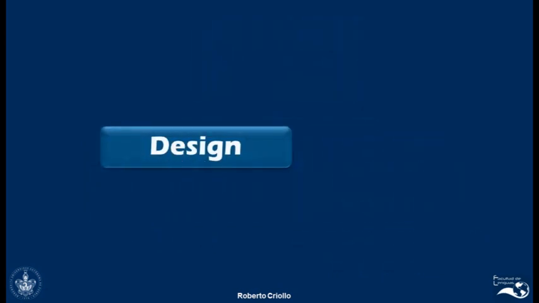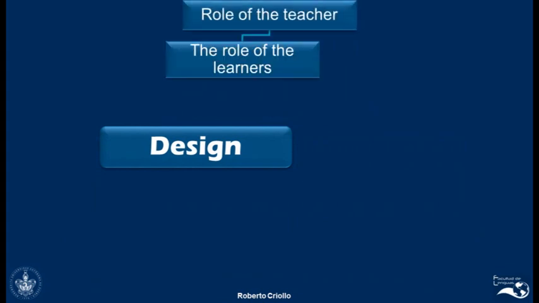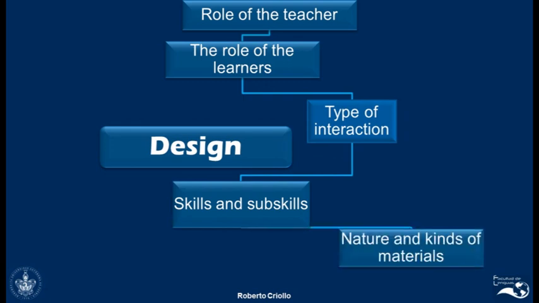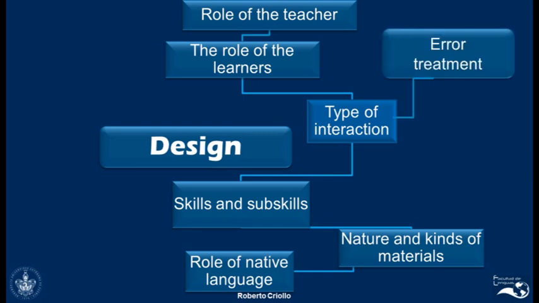Now, in terms of the design, once we have the theories, we establish the role of the teacher, the role of the learners, the types of interactions that there are going to be between and among learners, the skills and sub-skills that are going to be taught, the nature and the kinds of materials that are going to be used for the lessons, the role of the native language, whether it's going to be used in class or completely banned, if we're going to correct the grammar errors or not, and how, and obviously whether or not there will be information about the culture of the target language.